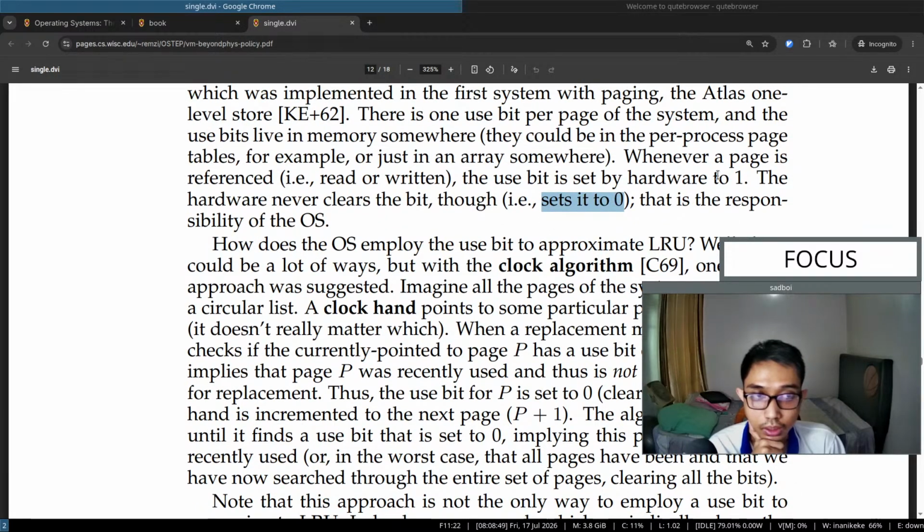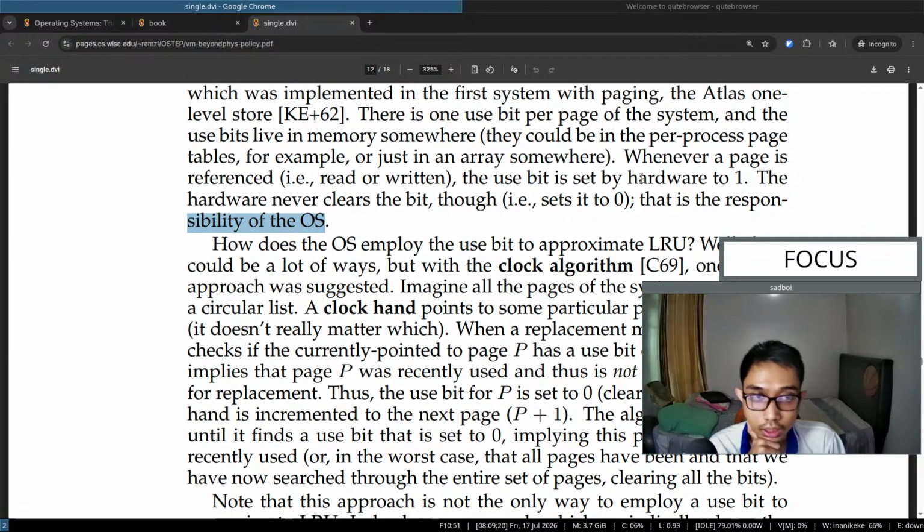So once the hardware sets it to 1, I assume it will never be 0 again. Maybe that's what it means. The hardware never clears the bits. That is the responsibility of the operating system.